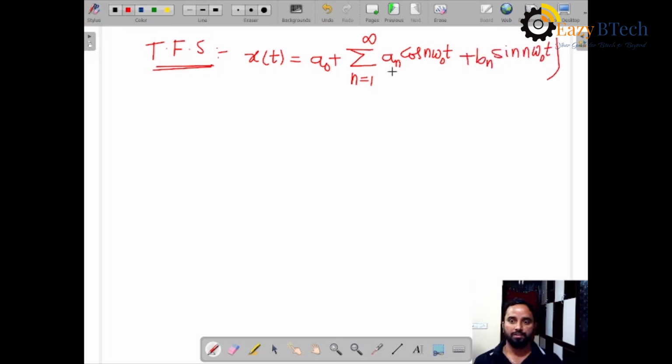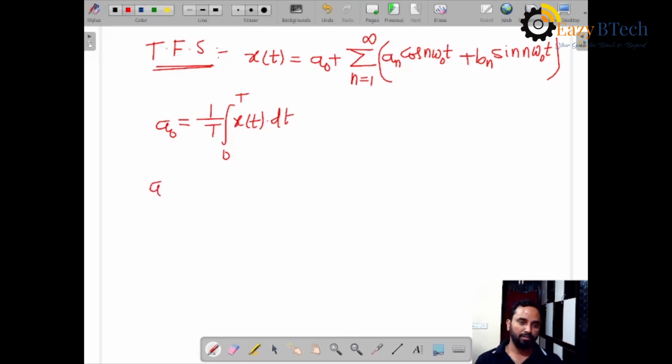Here a naught is the DC value or average value of x of t. The formula is 1 by T integral 0 to T x of t dt.